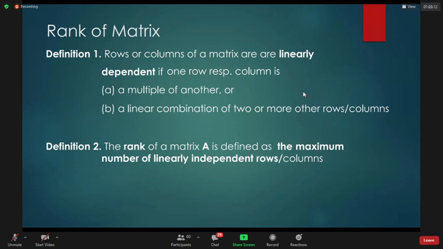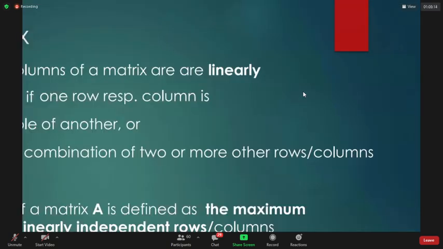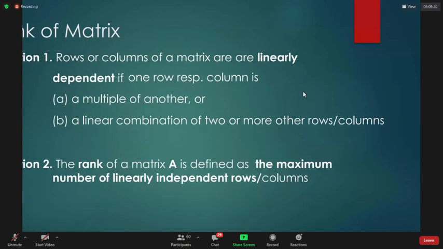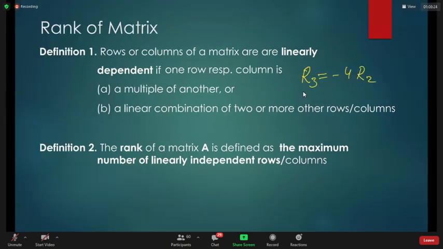So we would say, for example, row 3 equals minus 4 times row 2. That means that these 2 rows are linearly dependent.